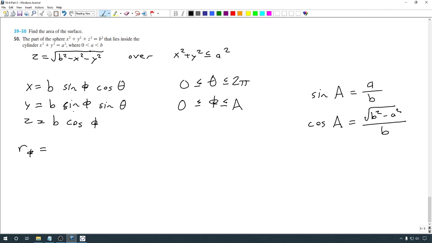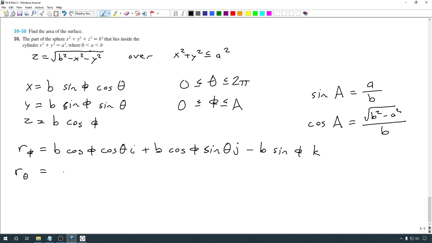If we differentiate all these with respect to phi, sine of phi becomes a cosine of phi. So we have b cosine phi cosine theta times i plus b cosine phi sine theta times j. Well, this is now going to be a minus b sine phi times k.